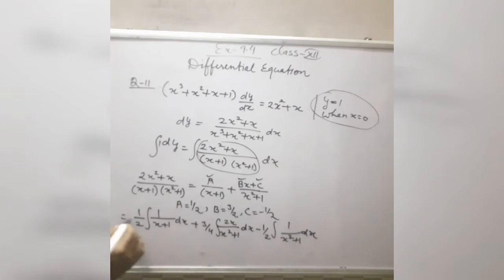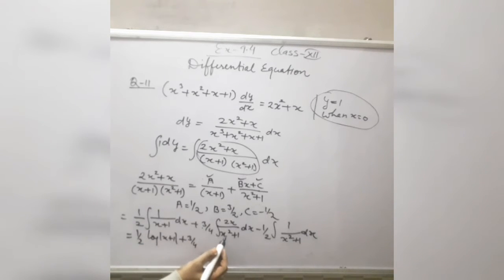So what is integration of 1 by (x plus 1)? This is log mod (x plus 1) plus the integration constant. The derivative of x square plus 1 is 2x in the numerator, so integration of this can be written as log (x square plus 1). Minus half, and all of you know that integration of 1 by (1 plus x square) is tangent inverse x. So the integration is tangent inverse x.